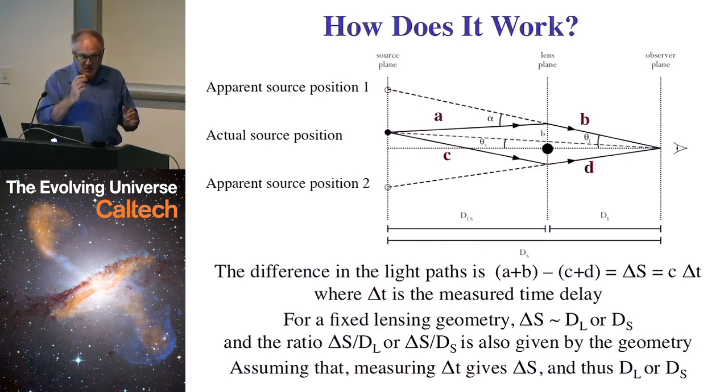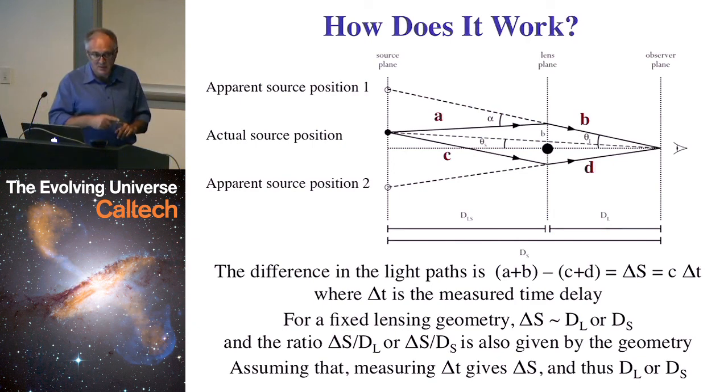And so if you can measure absolutely just the difference in the light path, that nails down everything else. Of course the uncertainty is first the model, and second you have to make sure that variations you observe are really just delayed versions of each other. But if you can do this reliably, and it's been done for some tens of gravitational lenses, then you have a completely independent path to the Hubble constant deep out in the Hubble flow. Now, at first, this was giving somewhat lower results than the nearby measurements, but now I think there is convergence.